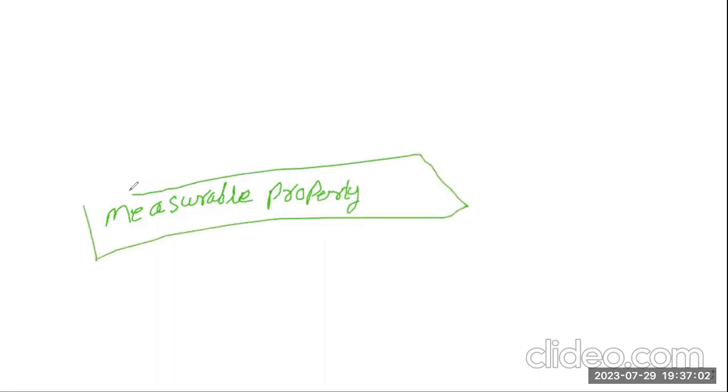Okay, so you need to count which property you can measure. What are the measurable properties? Any idea? Here we are taking any one measurable property, but which are the measurable properties which can be used for quantification? First, we have already discussed the color.